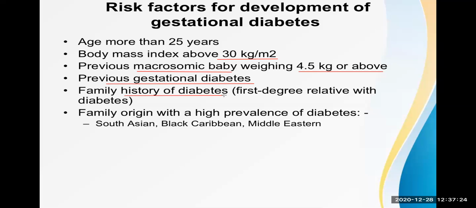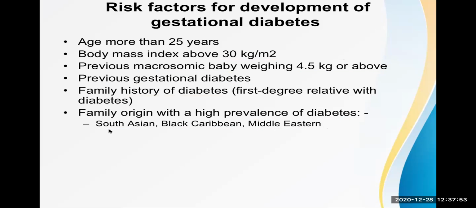Family history of diabetes, like first degree relatives with diabetes, and family origin with a high prevalence of diabetes, like ladies from South Asia, the Caribbean, especially black females, and ladies from Middle East countries. So there is a higher chance of having diabetes.